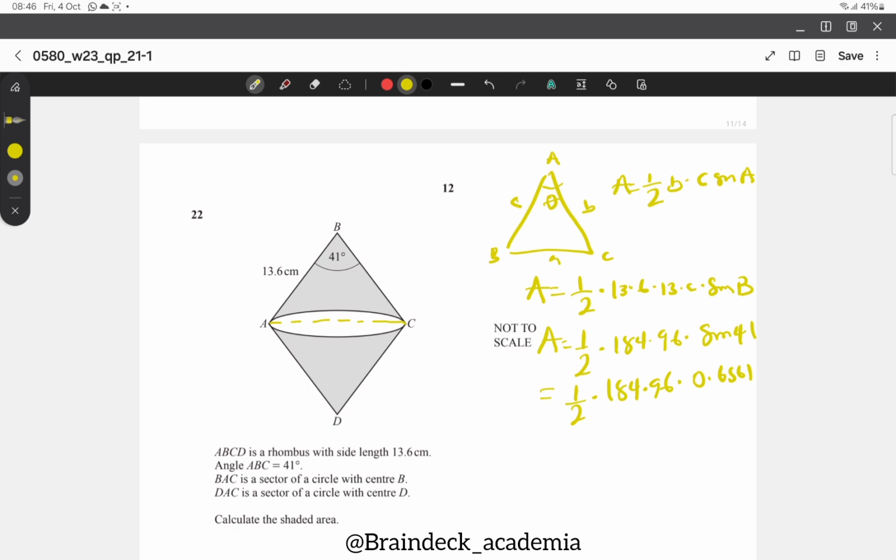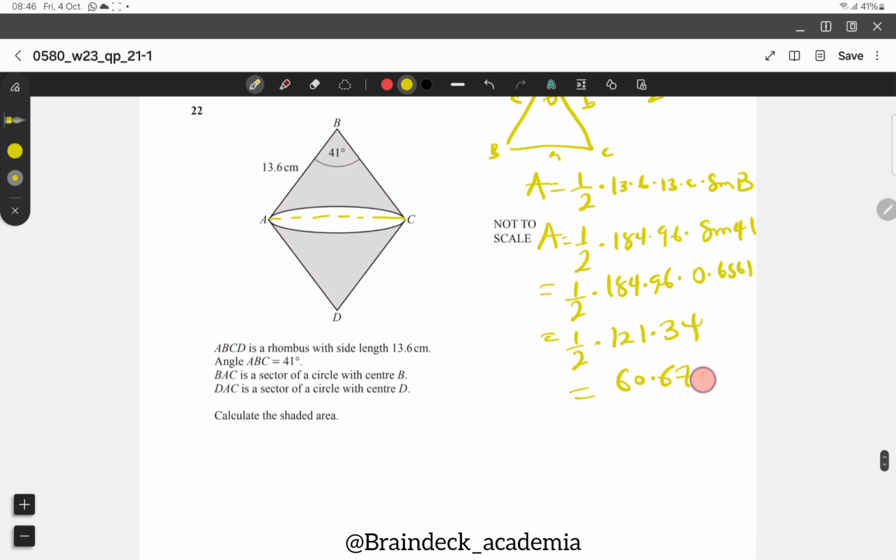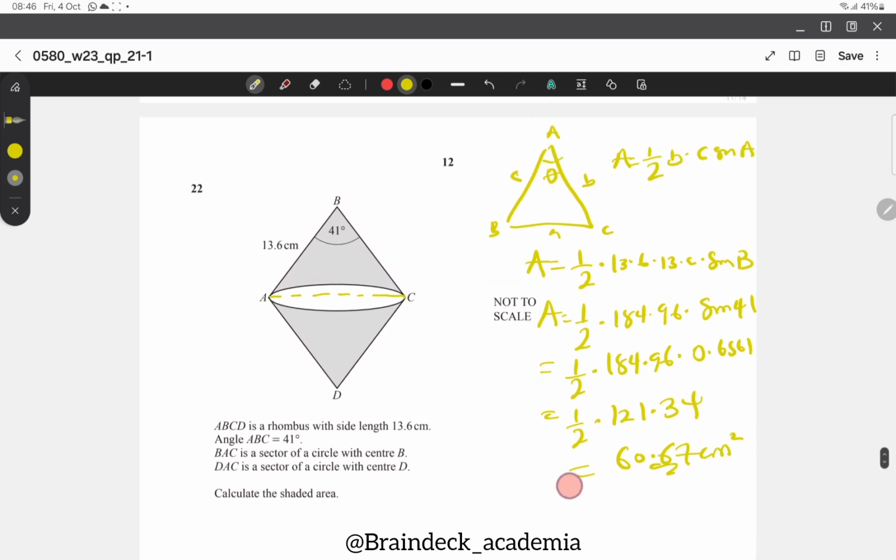So times 184.96 will now give us 1 over 2 times 121.34. So divided by 2, we have 60.67. So that's our answer for this, 60.67 centimeter square. So that is our area for the triangle.